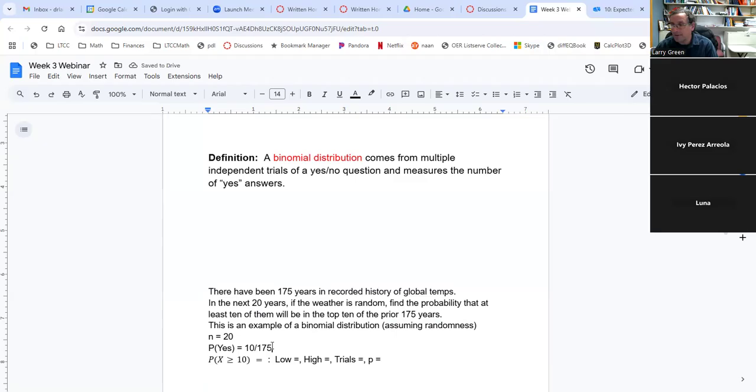And that's how probability works. It's a fraction where the numerator is how many ways it can happen. Top 10 means there's 10 possibilities. And the denominator is how many different things can happen. That's 175 years. Okay. We want to find out what is the probability that x is greater than or equal to 10. Any questions on that?